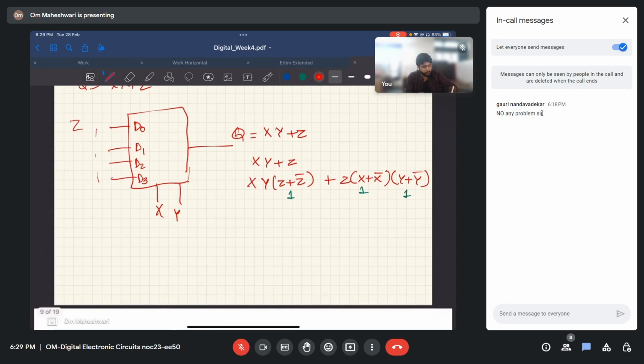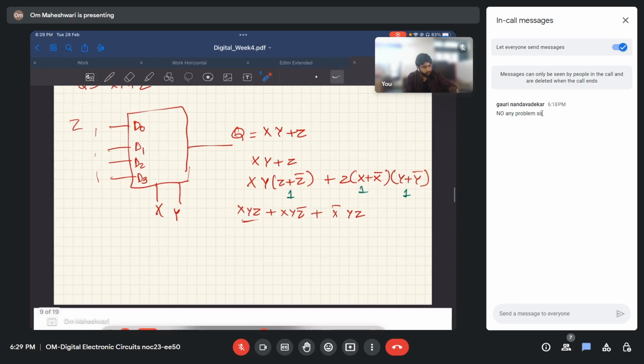So if I write this, it will be xyz plus xyz bar plus xyz again. So I'll not repeat it, it's already here. Plus x bar yz from this term, x bar yz.